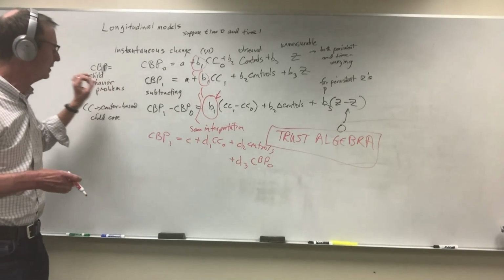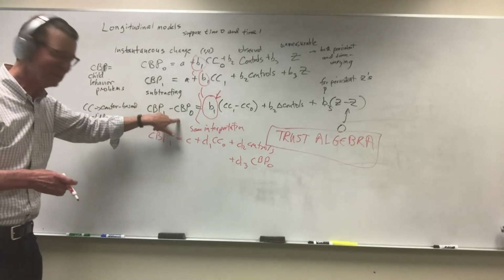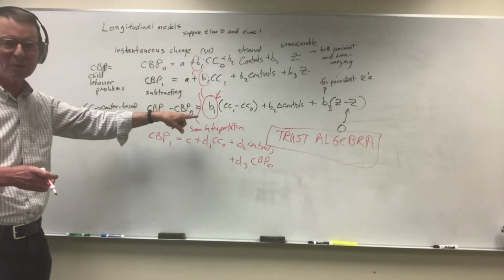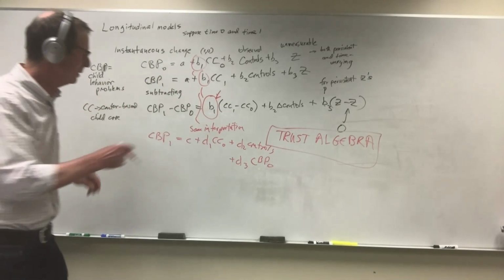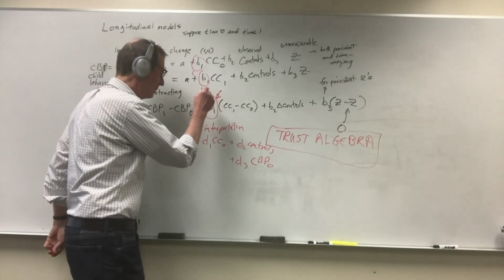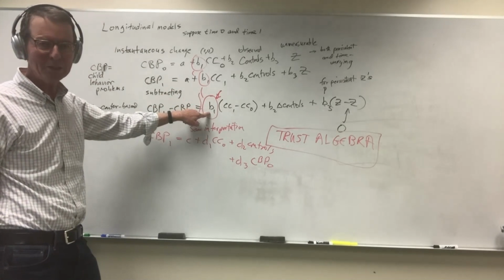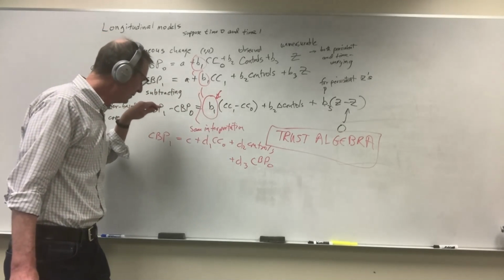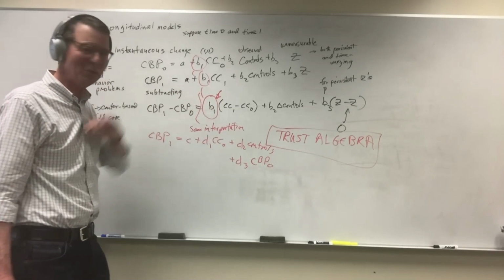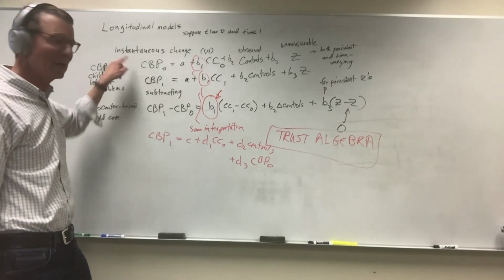The theory led you to exactly this equation. The theory told you B1 has an interpretation, so to get it, you estimate change on change, provided that this model is right.